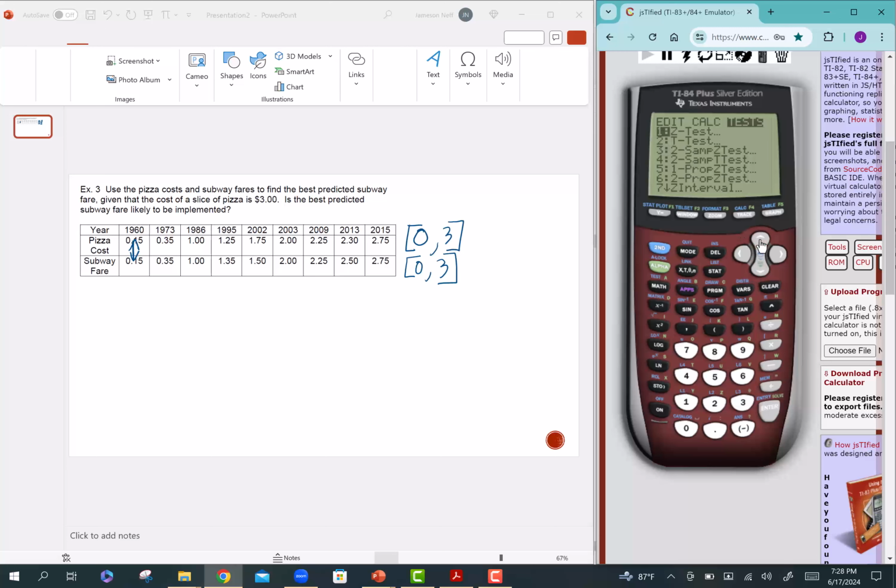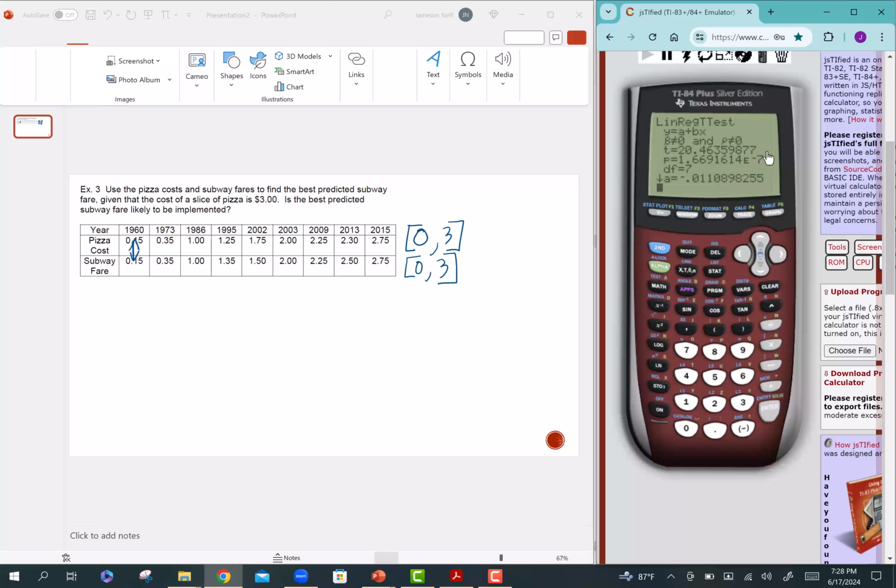Easier to scroll up, and you'll see something called linreg t-test. You're going to hit enter. Just make sure you have your L's. Never change anything here other than maybe L1 and L2 if you're not using that. Then you're going to go down to calculate.